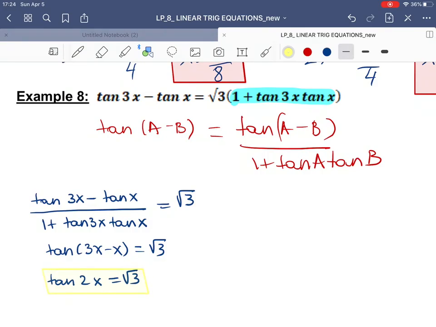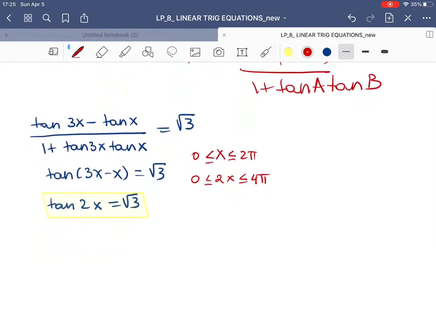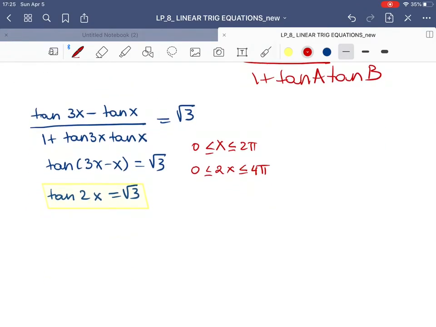So here we go. And what we're going to do is solve for 2x. So the same drill. We have to refer to our domain first. Our domain was between 0 and 2 pi. So for the angle 2x, it will be between 0 and 4 pi. I'm going to draw the triangles in here because I know in special triangles we have some root of 3.